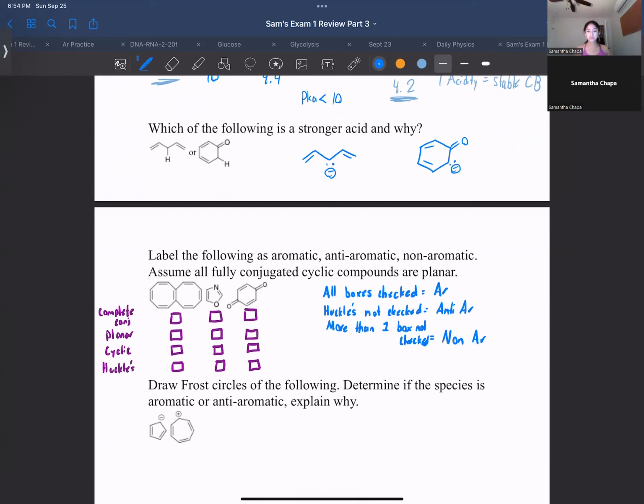There we go. So something that you should immediately notice is the conjugation. Conjugation is 3 consecutive sp2 atoms, right? So I'm going to highlight all my sp2 carbons on both my compounds. So both of them are completely conjugated.